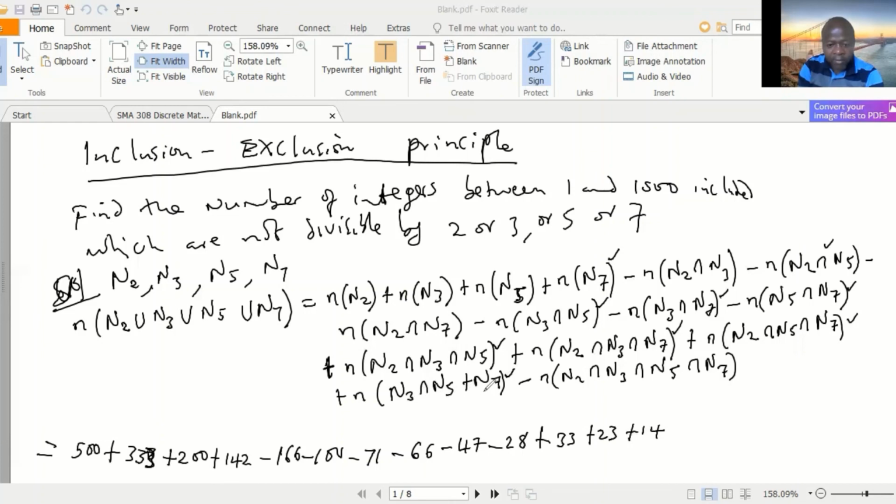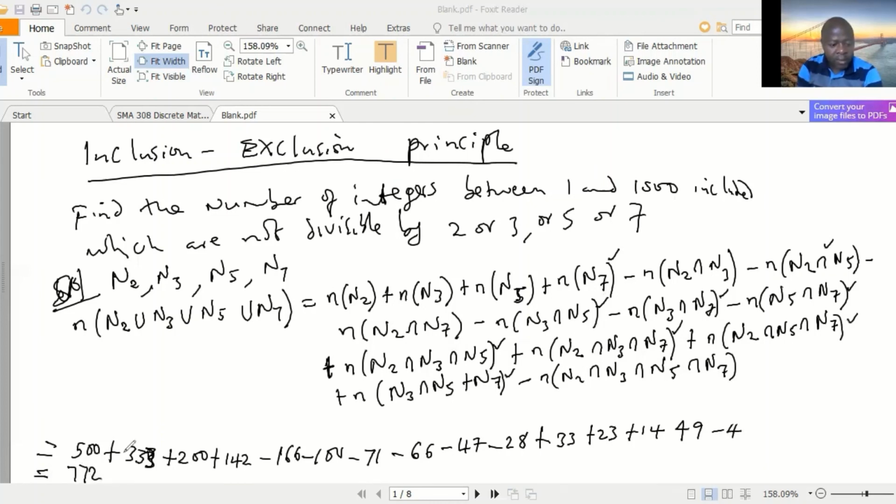Divide that into 1,000, and you get 9. Then what about this? 2 times 3 times 5 times 7, that is 210. That result divided into 1,000, you get 4. So when you do this, what you get is 772.